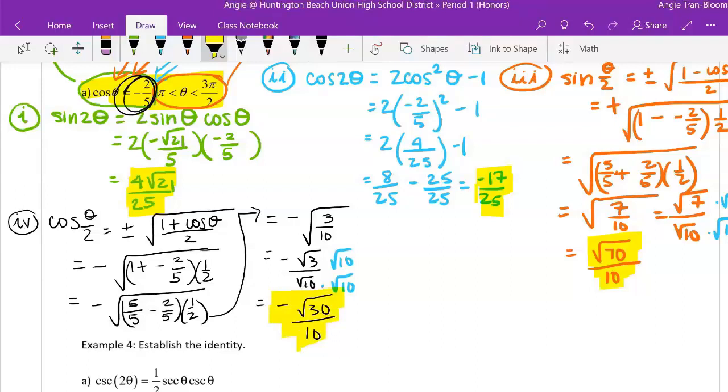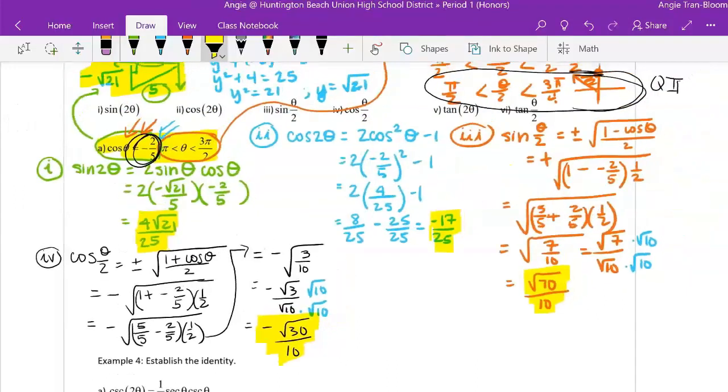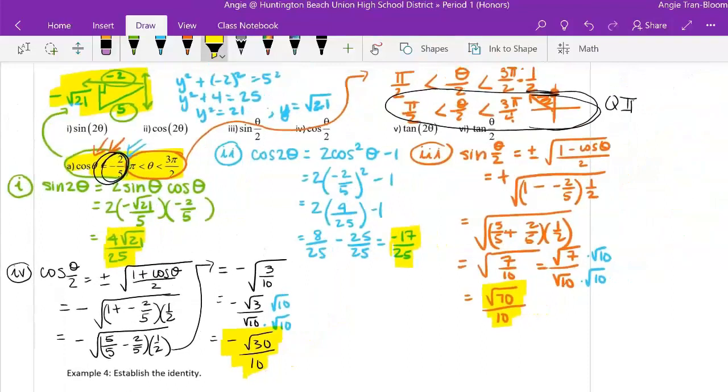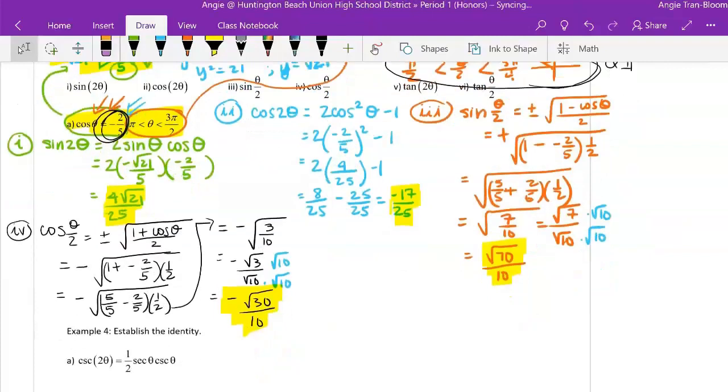All right, let's see. So that's 1i, 2i's, 3i's, 4i. We have 2 more, okay? Tangent of double and tangent of a half. So notice how we're kind of doing all of them, okay? Let's use green. We are going to do 5. Tangent of a double, here we go.